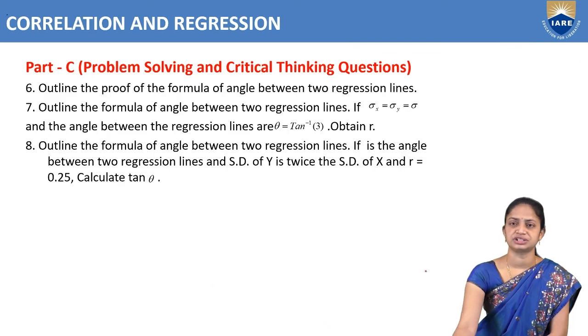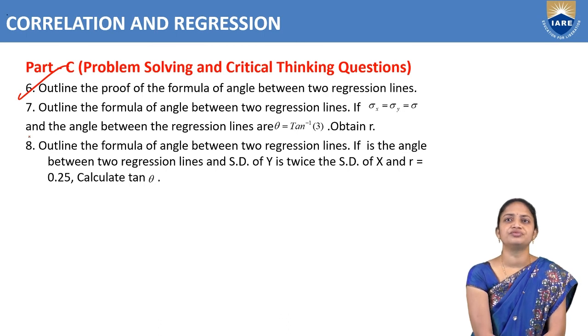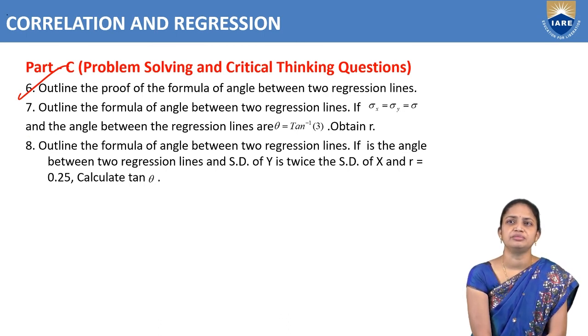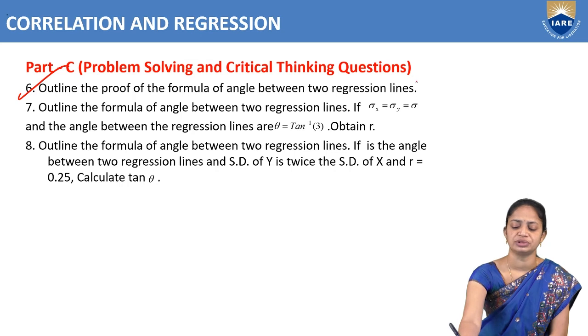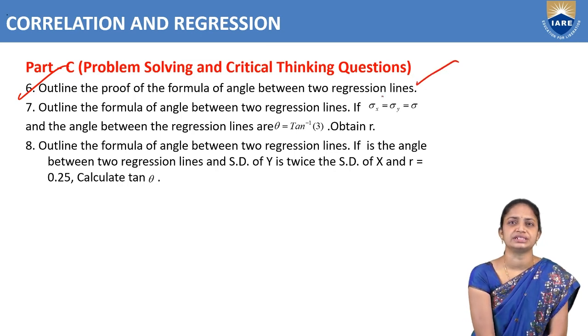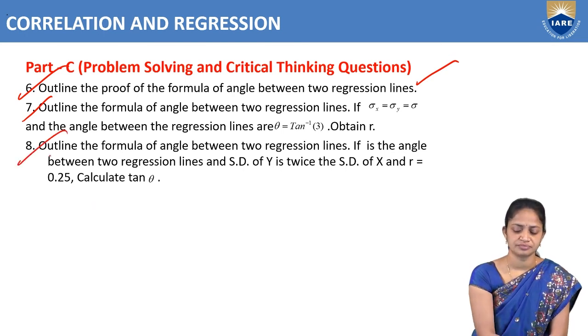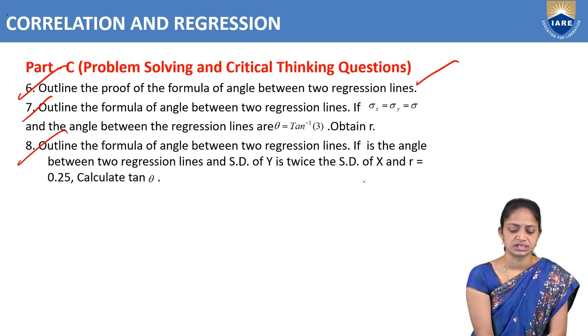Coming to the next question, the 6th one, outline and prove the formula of the angle between the 2 regression lines. Here also the same, we have to use the angle between the 2 regression lines formula. The next one is also the same. We have already discussed it.